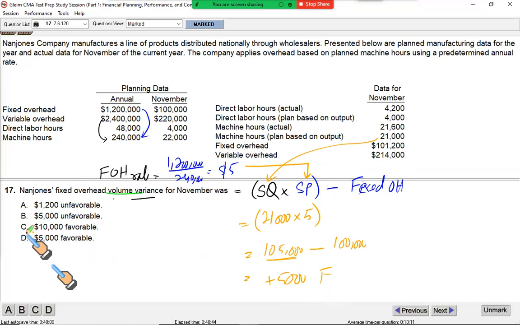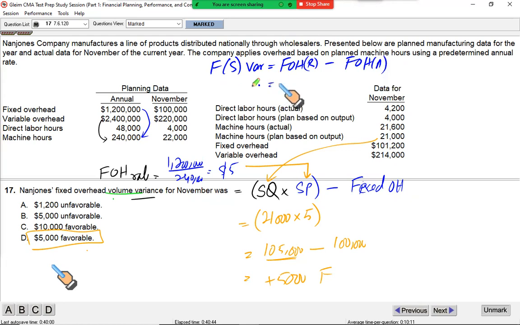Now let's say in the same question, this is clearly the volume variance. Let us find out the spending variance, fixed overhead spending variance, which we learned the formula a little while ago. So fixed overhead spending variance, also called FS variance, is equal to the flex budget, fixed overhead monthly budget, minus fixed cost actual.